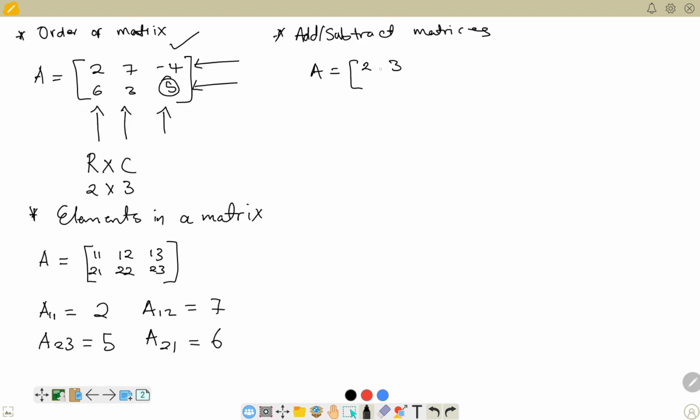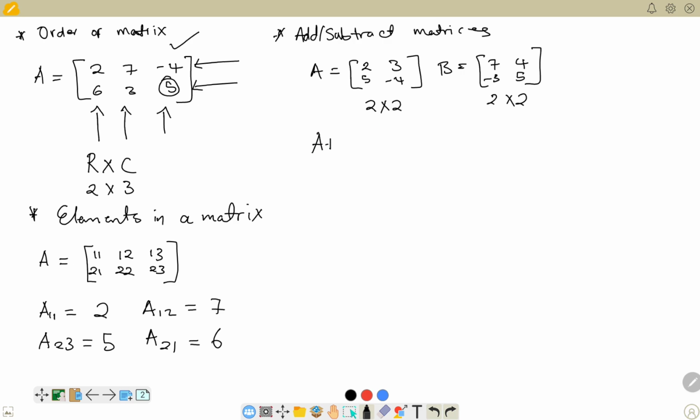So now we have A, which is equal to 2, 3, 5, and minus 4. And then we have matrix B, which is 7, 4, minus 3, and 5. So we can see that this is a 2 by 2. Now we know how to identify the order of the matrix. So we can say without hesitation that we are having 2 by 2 matrices and we can add them.